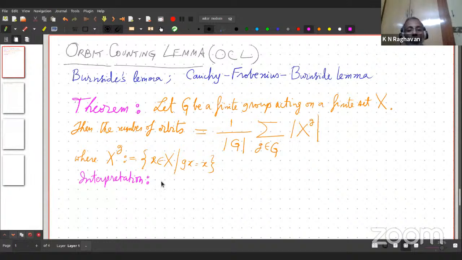So it has the interpretation: the number of orbits equals the average number of fixed points.